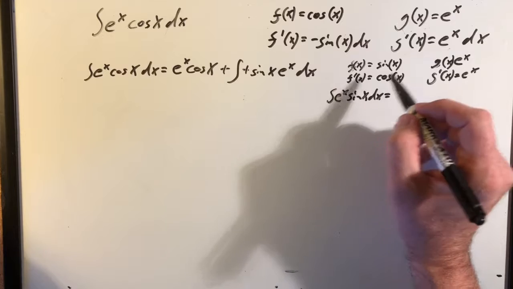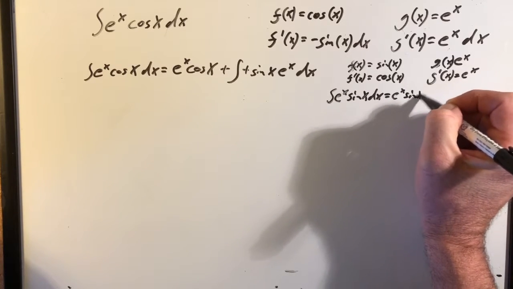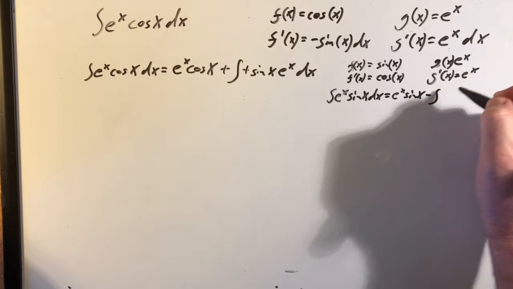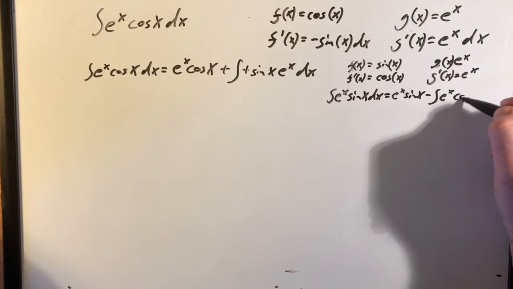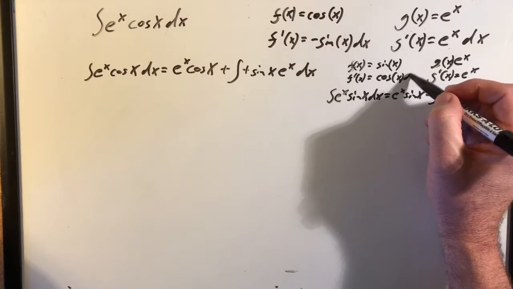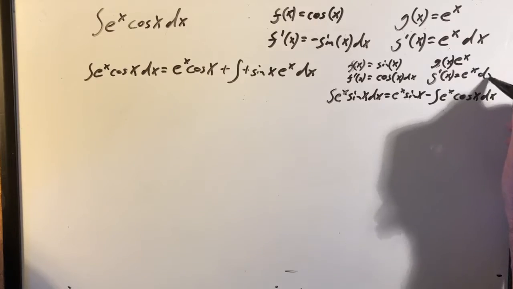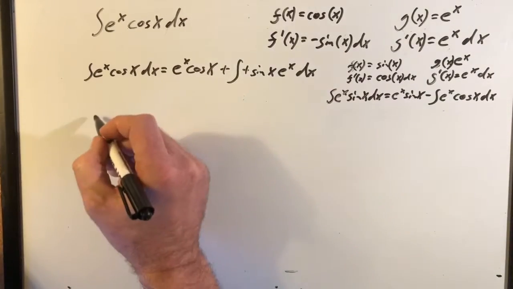So with that, I'm going to have e to the x sine x minus the integral of e to the x cosine x dx. Okay, so I'm going to insert that in for here.